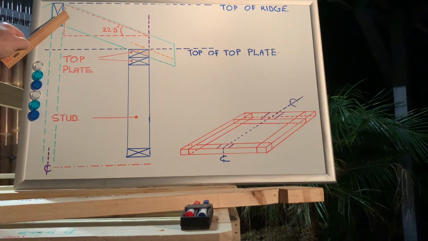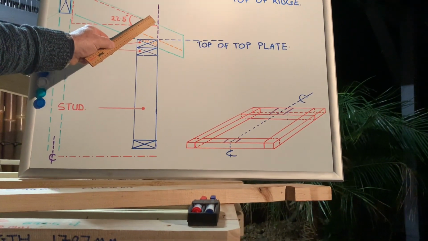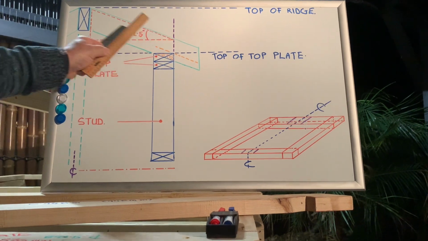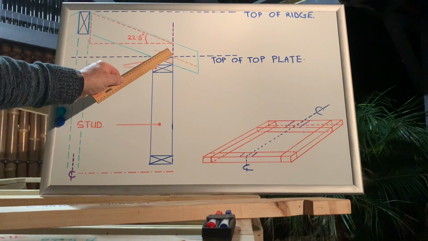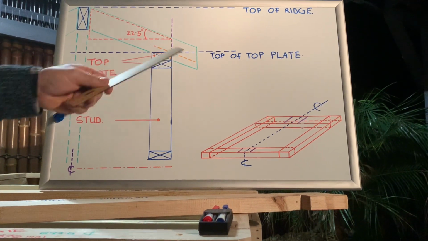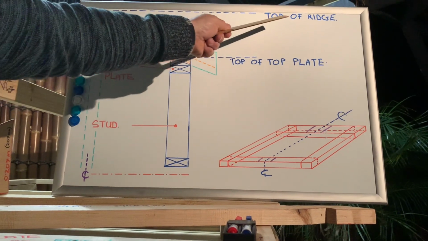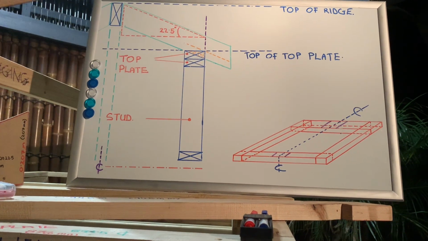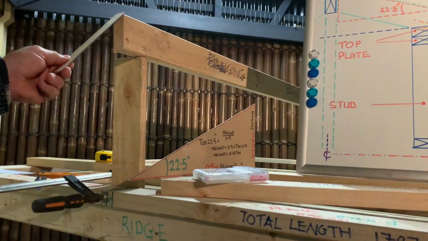Now when we get our height, we also have to add this little part here, which is roughly 70 millimeters. Once we've got our height there, we add this part, roughly 70 millimeters. That will give us the height from the top of the top plate to the top of the ridge. As you can see here, I've simulated ridge capping installed.